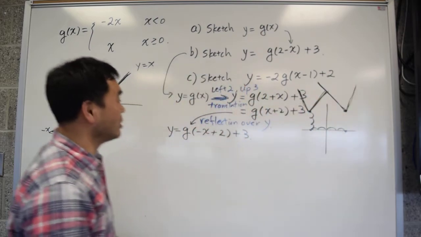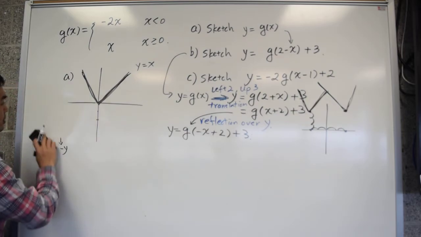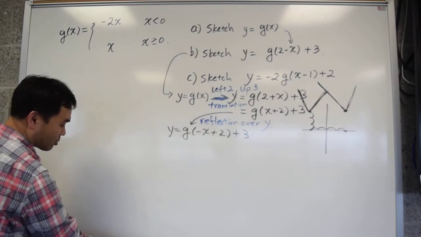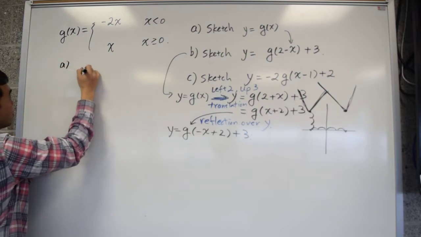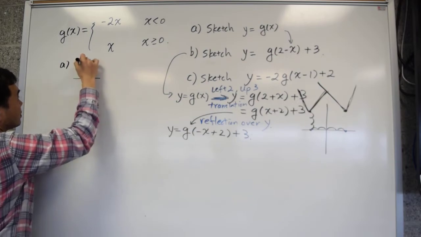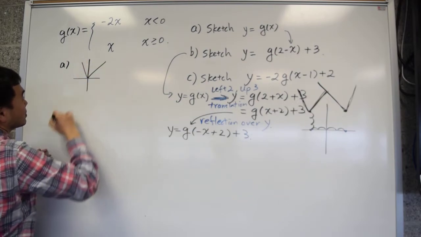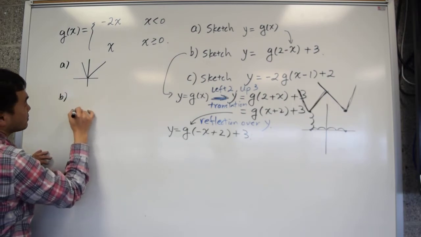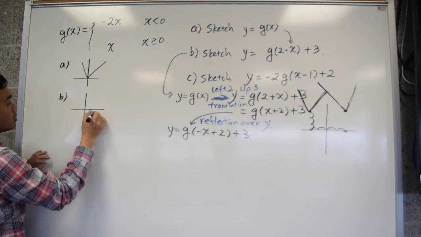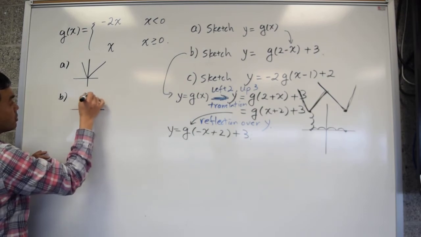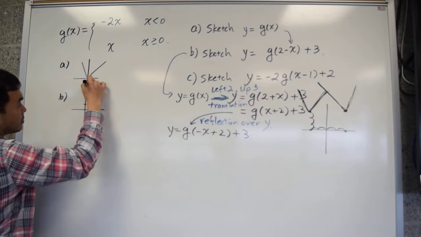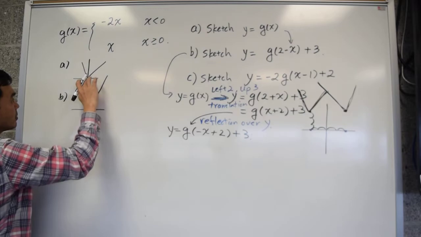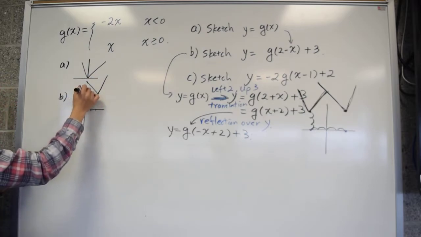So the answer to part B, no, let me draw A and B carefully. A is steep, 90 degrees. B would be: go 1, 2 steps, go 1, 2, 3 steps up, and you get this graph, a steep graph. So that's the graph for B.